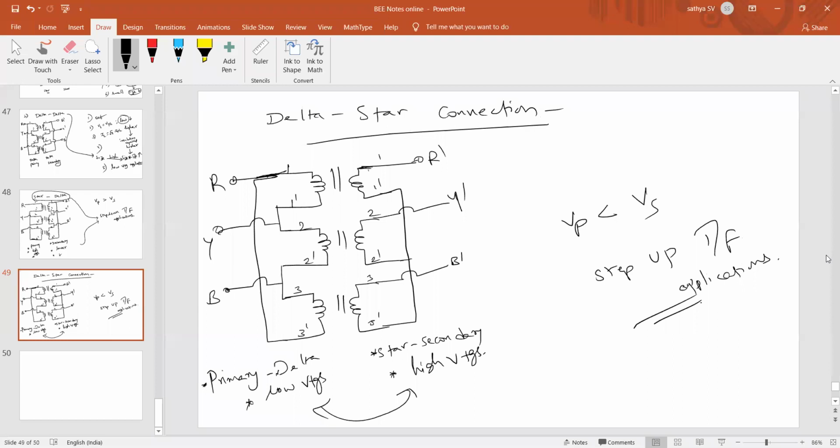Any questions, any doubts on these three-phase transformer connections? Any difficulty, any complications, any challenges? Very important. Generally, students make mistakes while giving these connections. I will show you one example here.